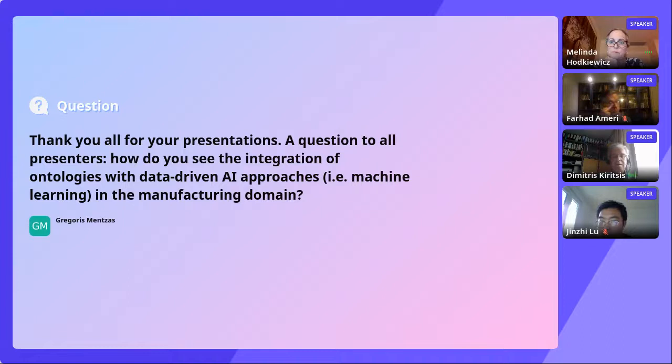There are other communities that try to extend this term and call it explainable AI. So maybe ontologies can contribute to explainable AI. But the question is how we can combine machine learning techniques with ontologies.